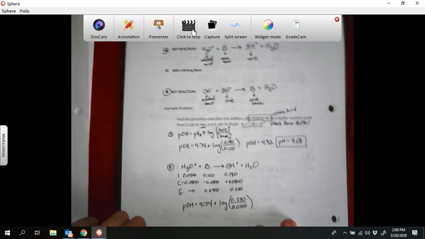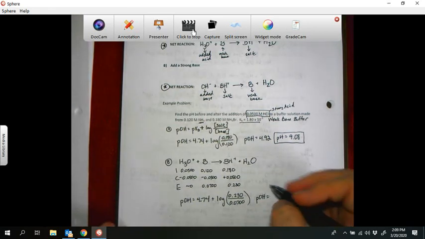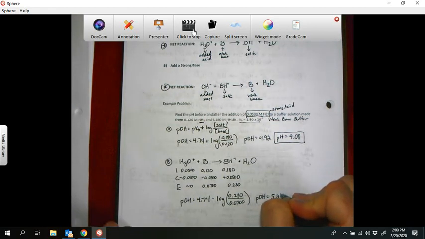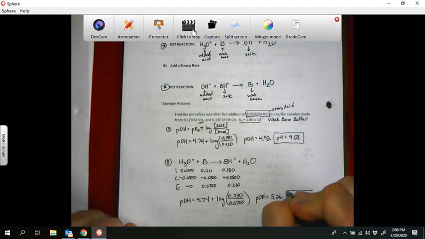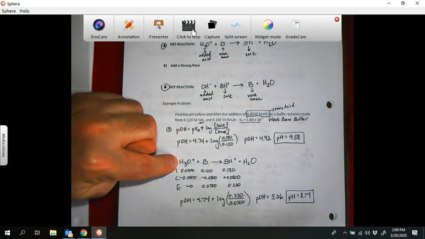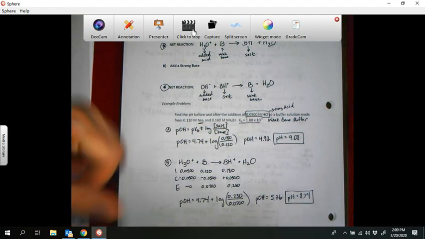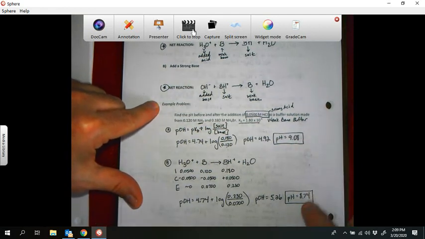So when you solve for this one, you get a pOH equal to 5.26, which gives us a pH of 8.74. And if we look, we added a strong acid. pHs that are lower are more acidic, so that makes sense that this goes down by a small amount. So it doesn't go down all that much.